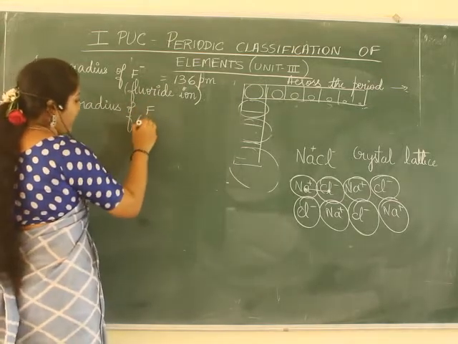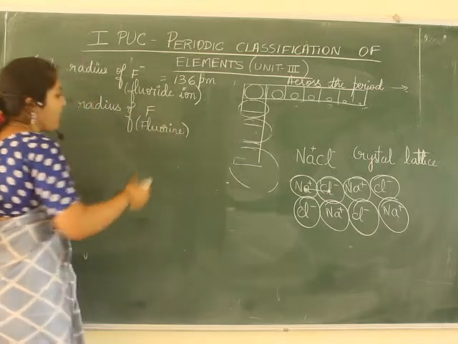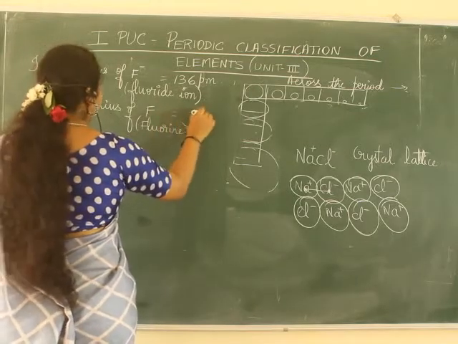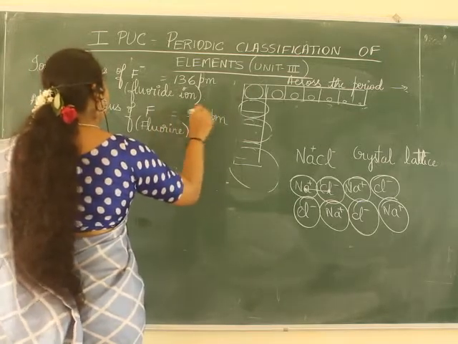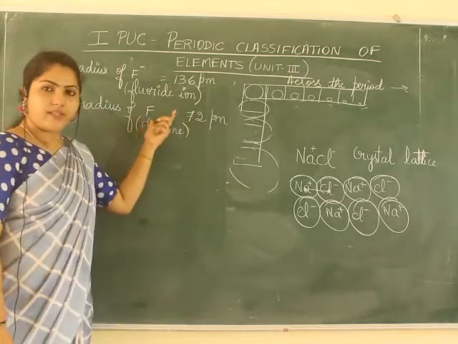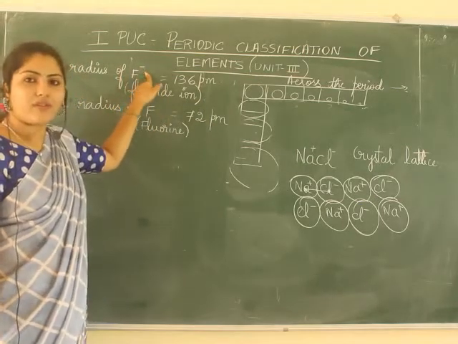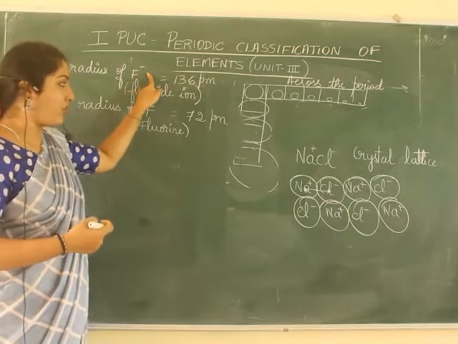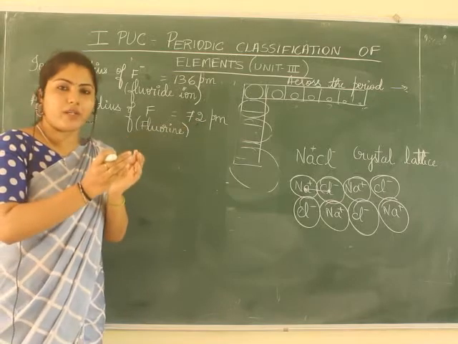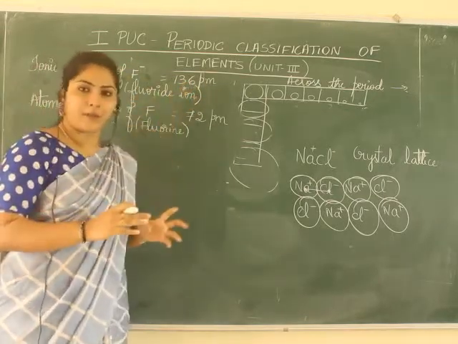Why? This is an atom. How do you call? Fluorine. Atomic radius of fluorine is 72 picometer. See, you can find the difference now. Fluorine is the parent. Fluoride, F minus, is the anion formed. How is anion formed? By attracting electron or by gaining electron. Earlier the size was 72 picometer, but now after gaining electron it has become 136 picometer.